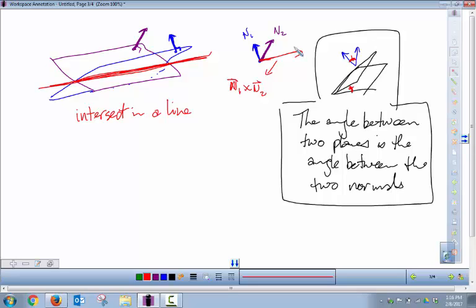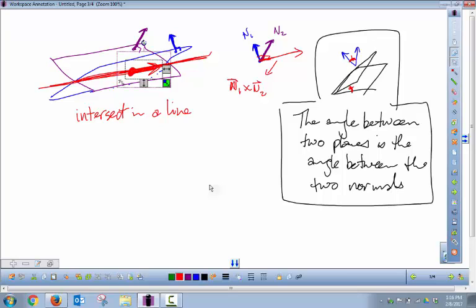We're all good. So that's perpendicular to these two vectors, which are perpendicular to both planes, which means it must be on this line somewhere. The cross product does put out a vector, and that vector will be perpendicular to the two vectors that you're crossing.